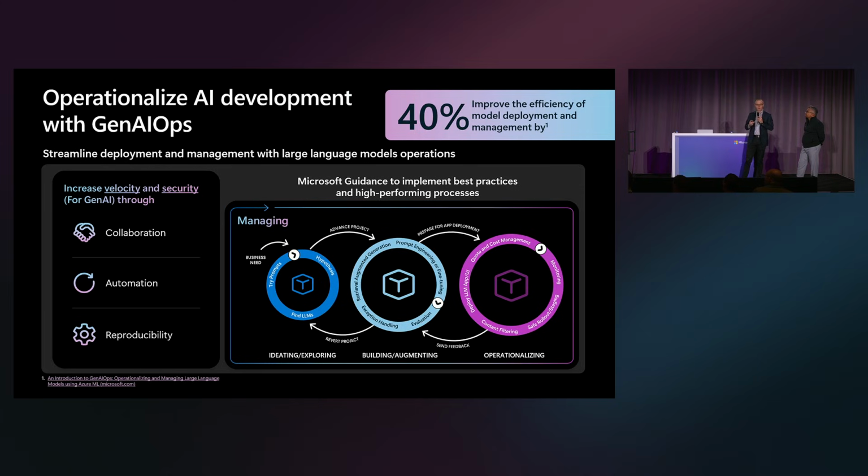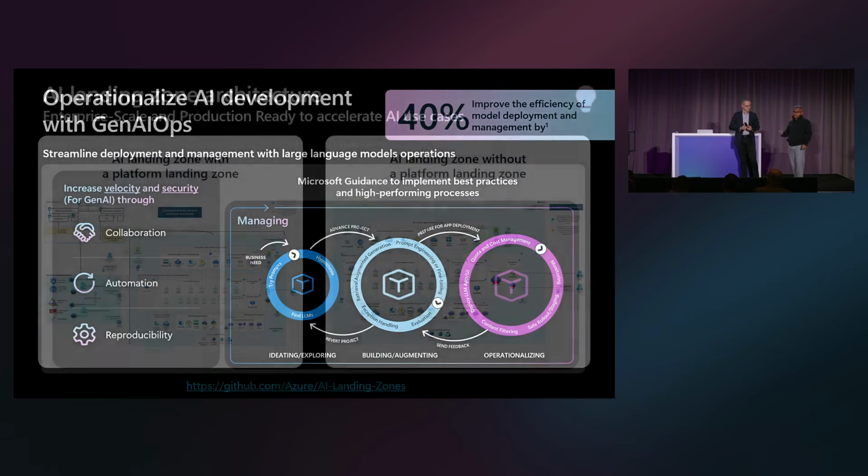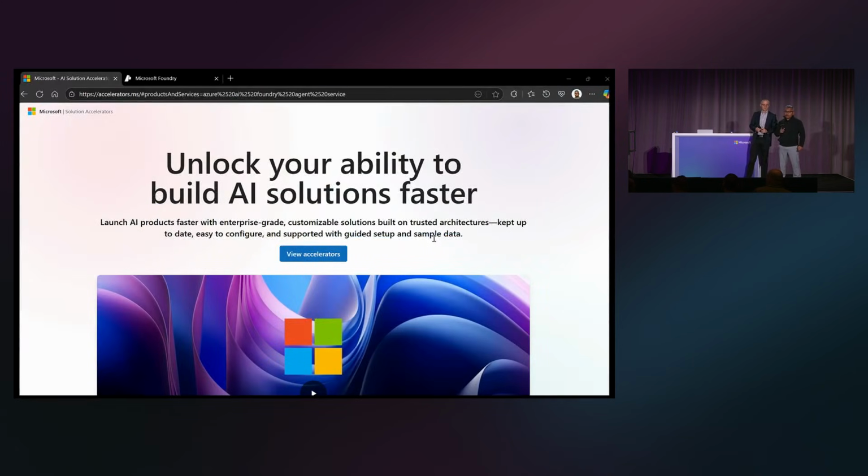And we've developed a 3-step approach for managing the workloads, starting from ideating and exploring use cases, building and augmenting them in a test environment, and then operationalizing, which covers deployment, quota and cost management, monitoring, and staging of your AI use cases.